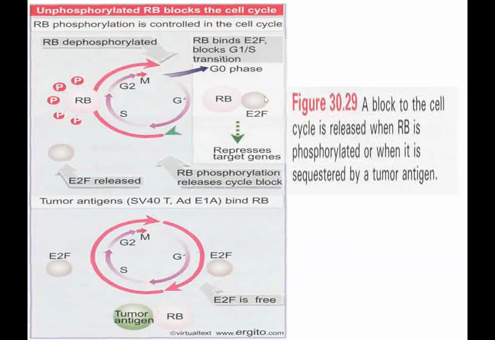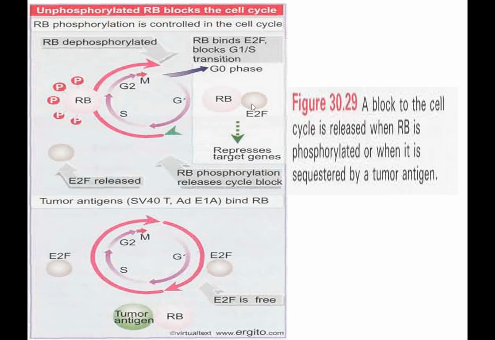Now, E2F factor is a transcription factor which controls the expression of genes which are involved in normal cell division. So what happens? This RB protein complexes with this factor and doesn't allow it to express the genes involved in cell division, and therefore it keeps the cell in a non-dividing state.